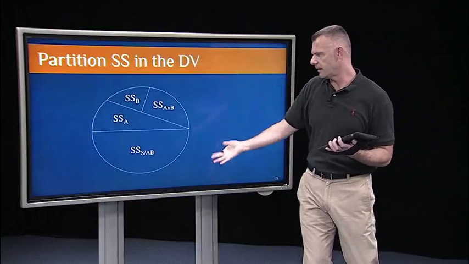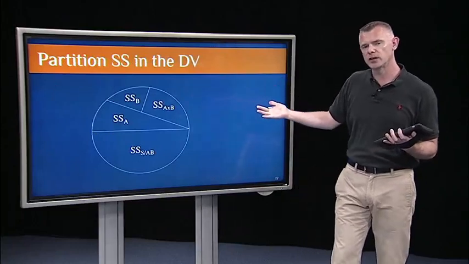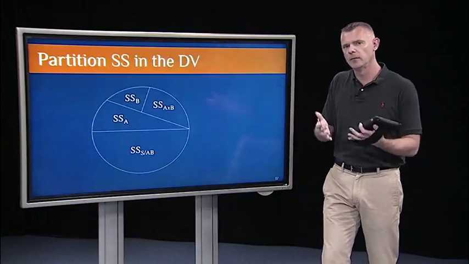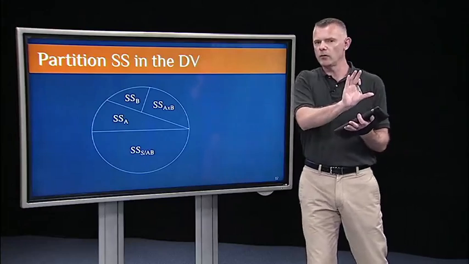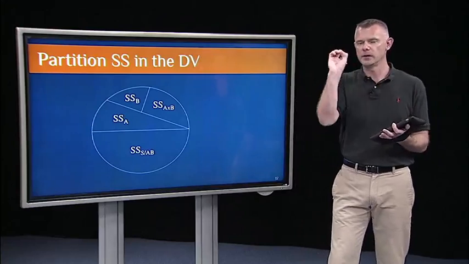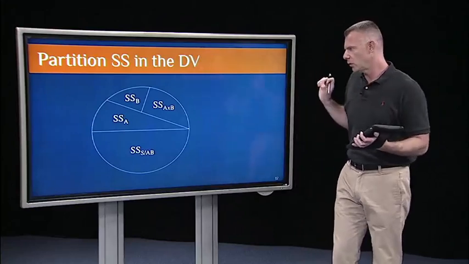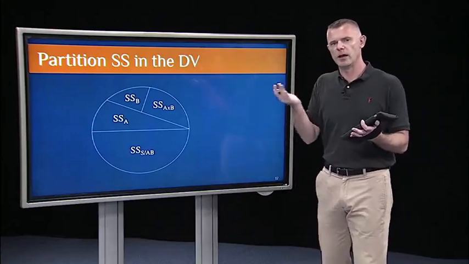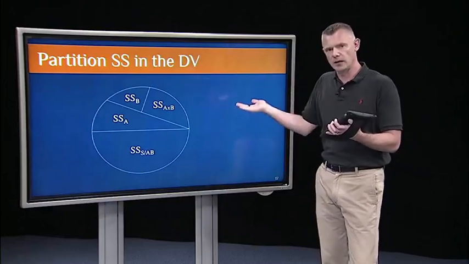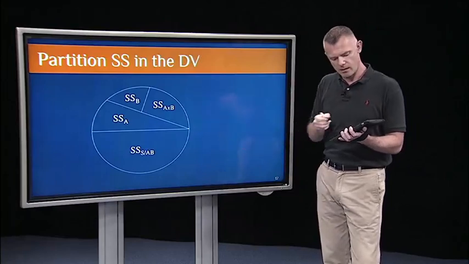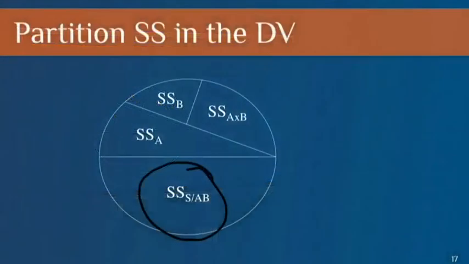So it's nice in that computationally everything partitions beautifully and adds up nicely. So just as in the one-way ANOVA where we could add up the degrees of freedom and the sums of squares, we can do that here. It's just now we have sums of squares for the first independent variable, for the second, for the interaction, and then for error, which I'm going to write S within AB, because subjects are within a group that's defined by a level of A and a level of B, right?